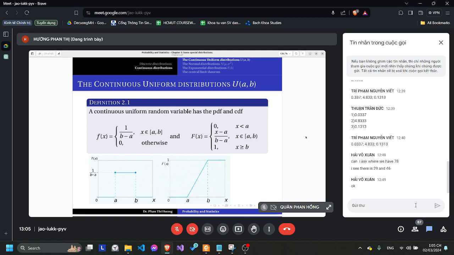It's also the easiest one, the most simple one within the continuous distributions. That is the continuous uniform distribution, denoted by the notation U(a, b). If S follows the uniform distribution from a to b, S will have the probability density function and the cumulative distribution function as given here.